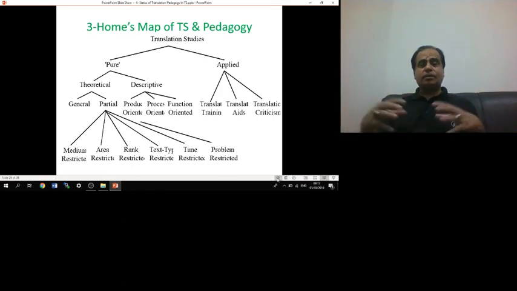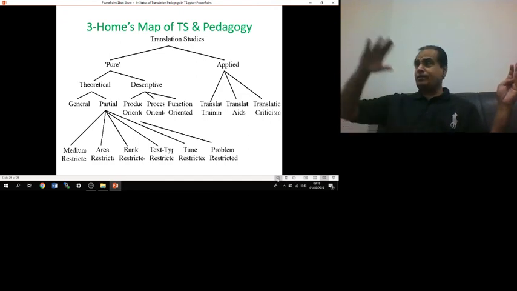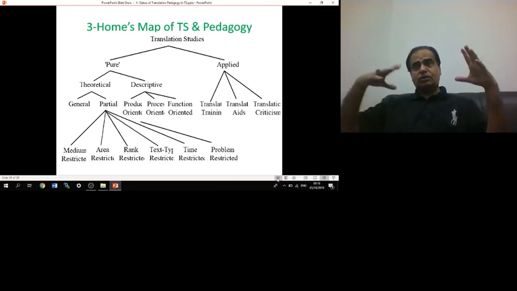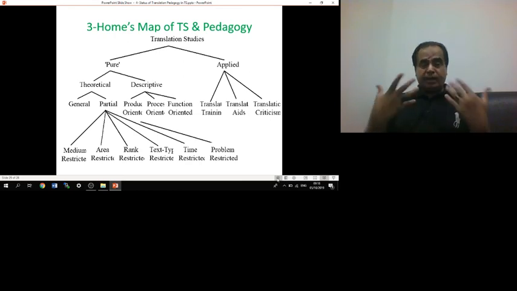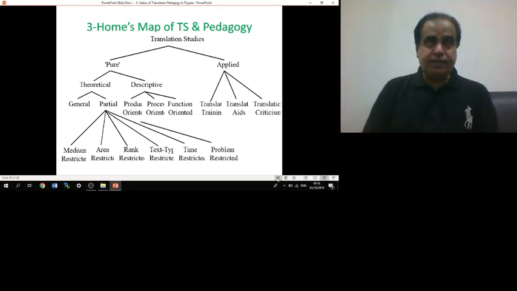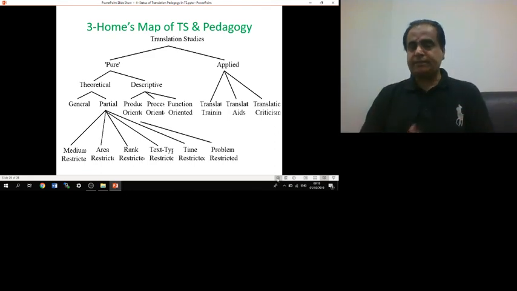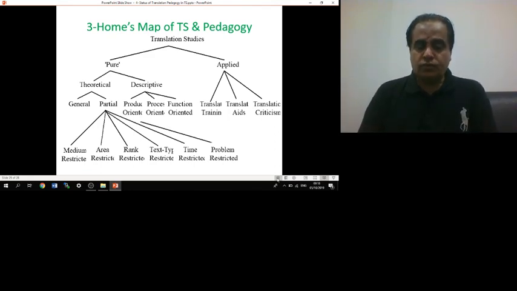They are not opposites, they are not enemies. They should work together to help each other. Of course the difference remains, but the difference should not be like this, that the theory is something else, the direction of theory is toward east, and the direction of application is toward west. So they become enemies, as we see usually when people talk about theory and application. So my suggestion here is that if we take translation pedagogy from this perspective, we can make it more fruitful, more meaningful, and result oriented.